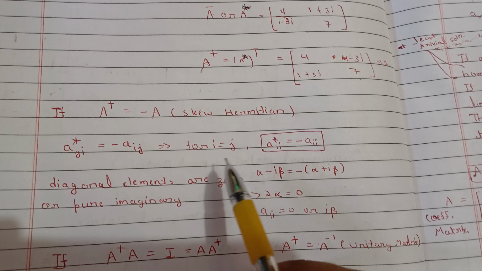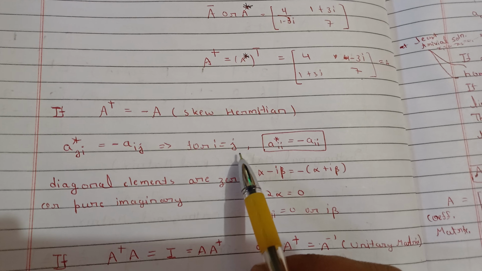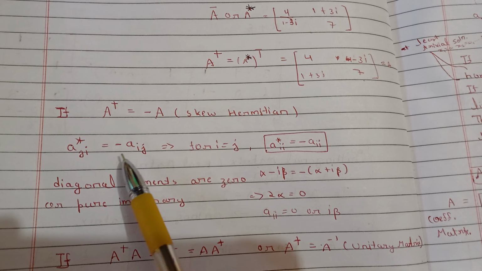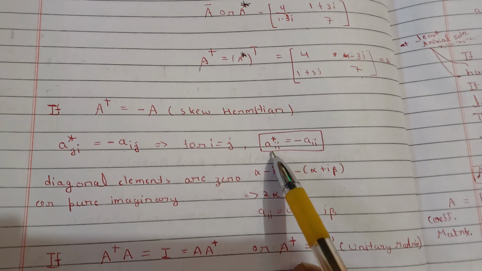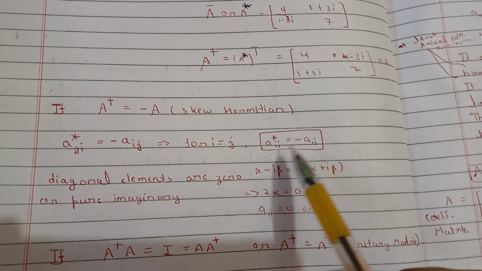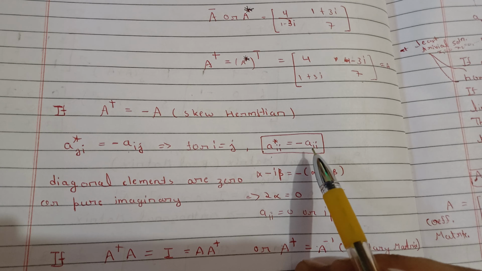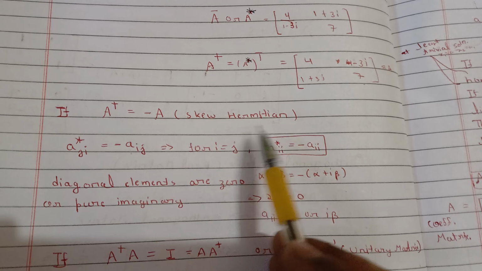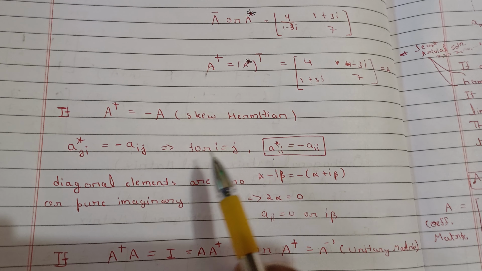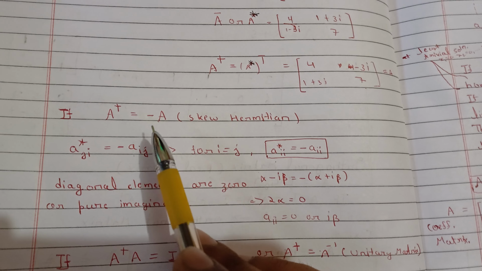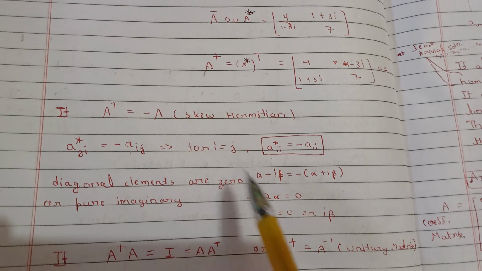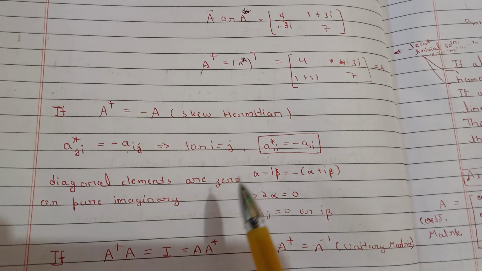If i equals j, then this should be this. If you take the sum, then the Aii element should be 0, meaning the real part should be 0 in the skew Hermitian case. The transpose will remain the same and the minus sign will come out only if the diagonal elements are imaginary.